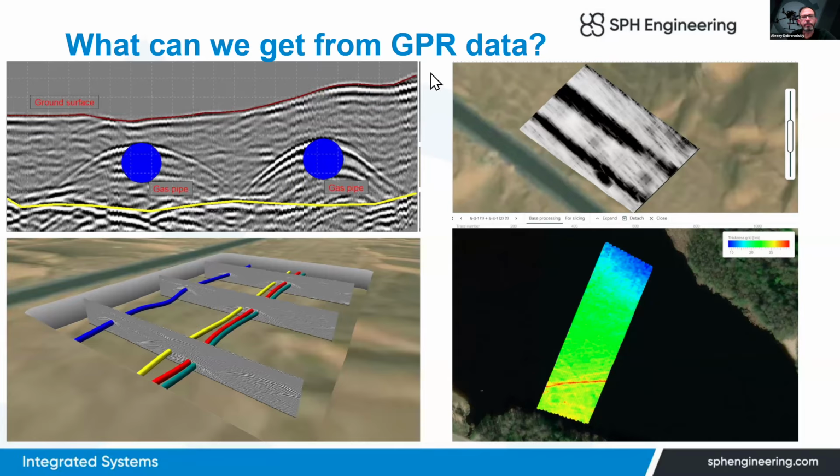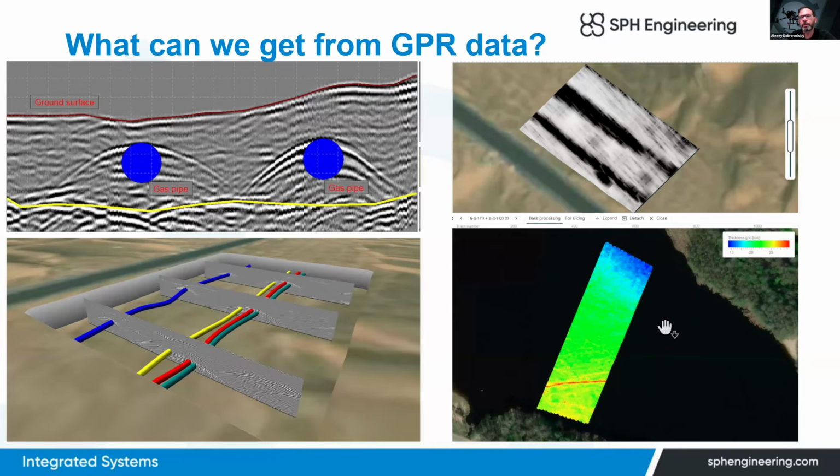And we can generate a 3D representation like here. It requires a bit more work for the data interpretation and processing, but three-dimensional representation is also possible. And one more standard product of GPR surveys is thickness maps.